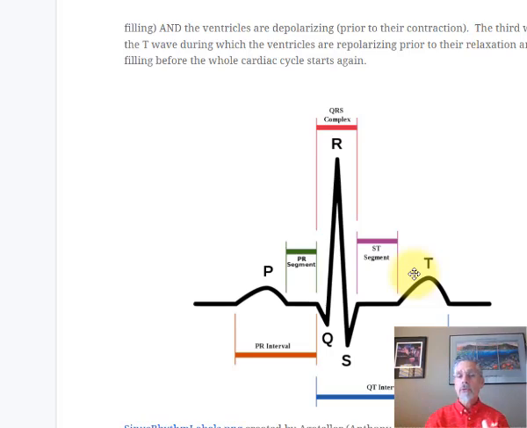Okay? So that's the first thing you have to know. You have to be able to identify these 3 waves with their letters, and you have to be able to identify what's going on. Atria depolarizing, then atria repolarizing, and ventricles depolarizing, and then ventricles repolarizing.